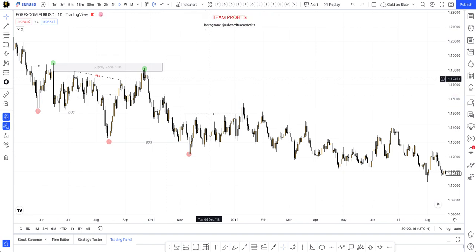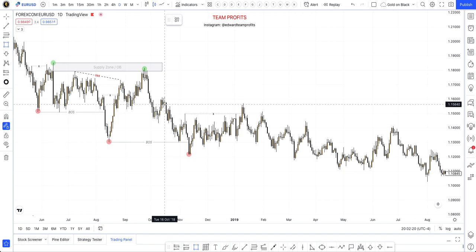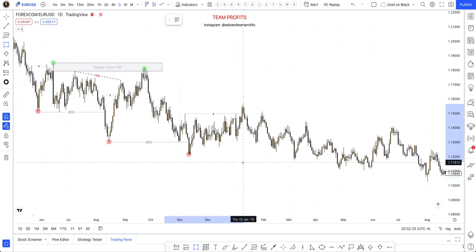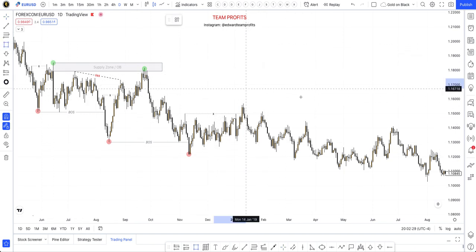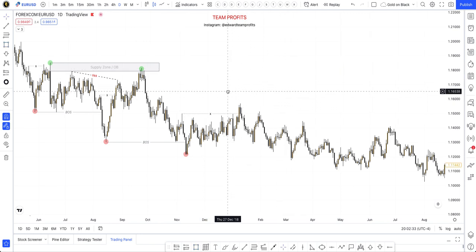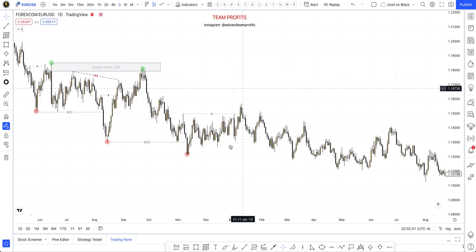Oh, come on. What is going on here? It's not letting me. What is it? Not sure what's happening right now. It's not letting me draw the box. Not sure what I did.